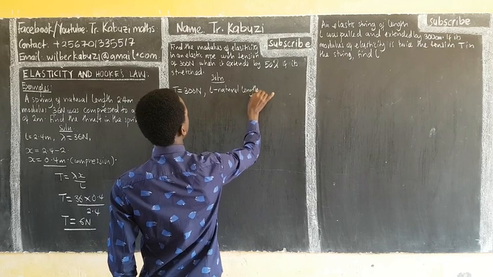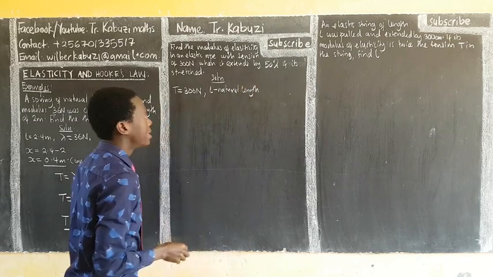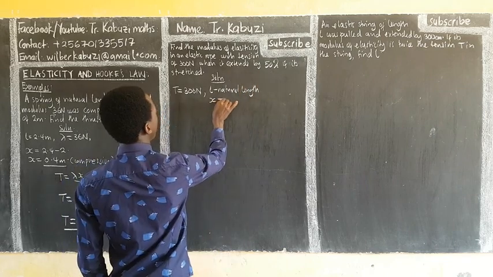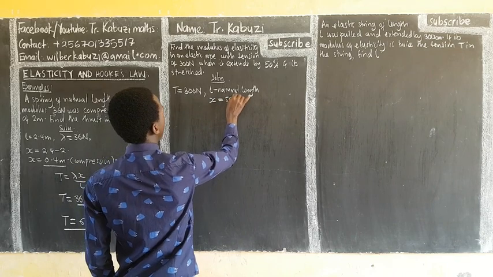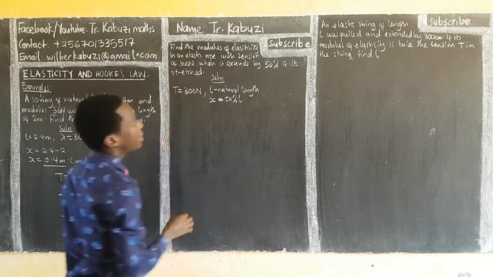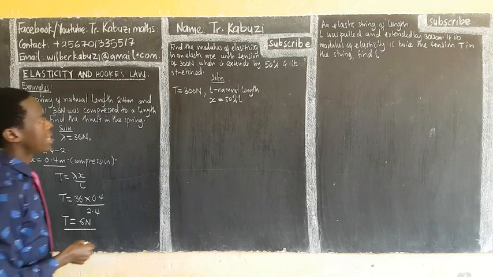It means that our x is going to be 50% of L. Simple as that.